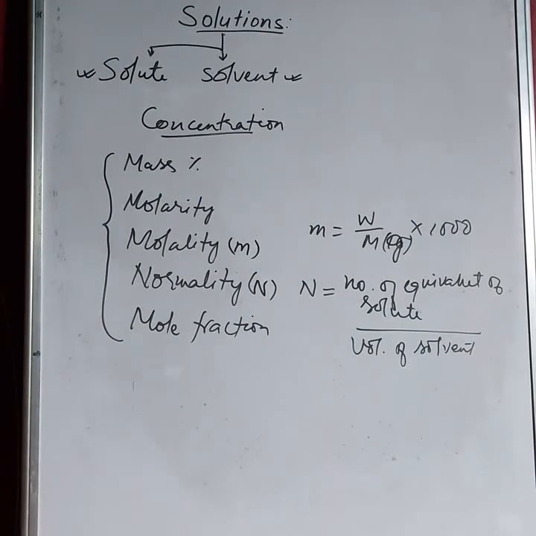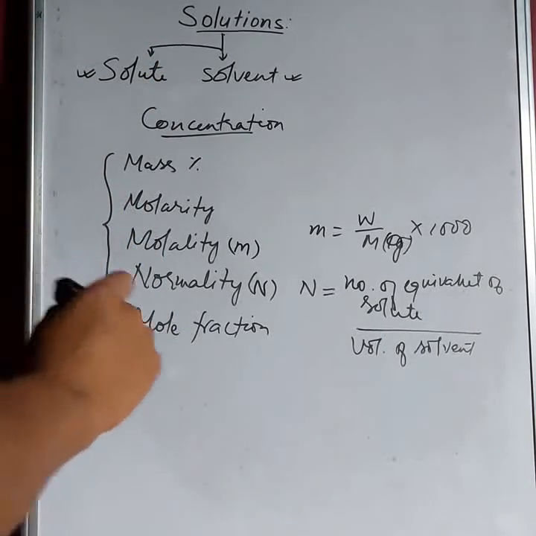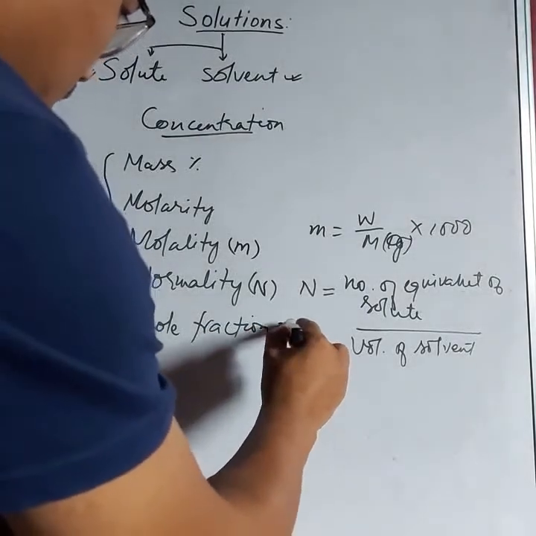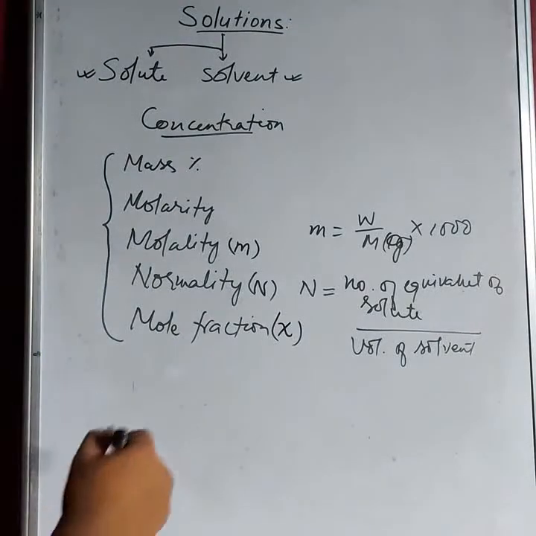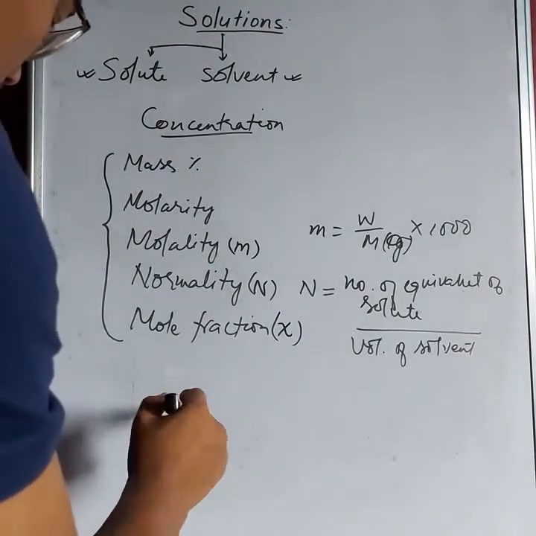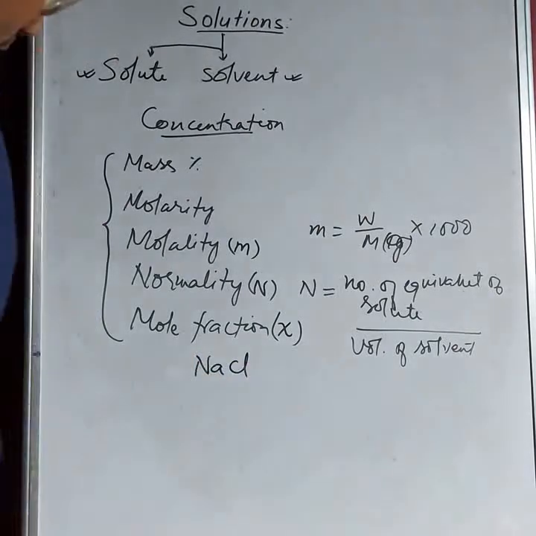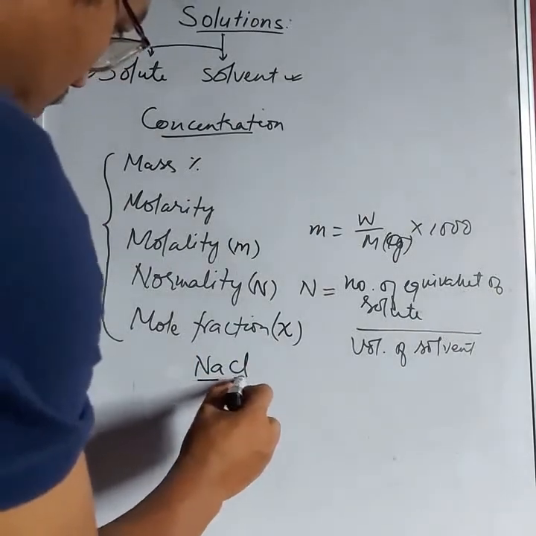What about mole fraction? It is just a ratio. Mole fraction is just a ratio between the number of components present in a solution. Mole fraction is usually denoted by chi. Suppose there are two components, say sodium chloride. So there is sodium and there is chlorine.